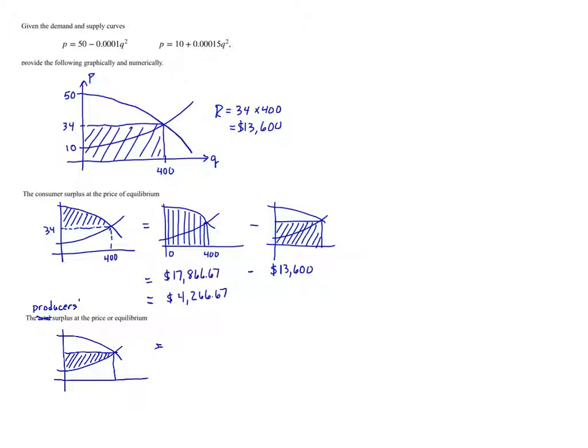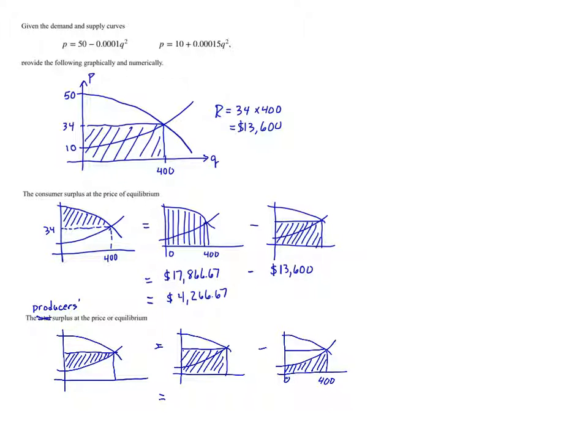We'll find this by first finding the revenue we first found in the rectangle, and we'll subtract off the area underneath the supply curve. This is also from 0 to 400.